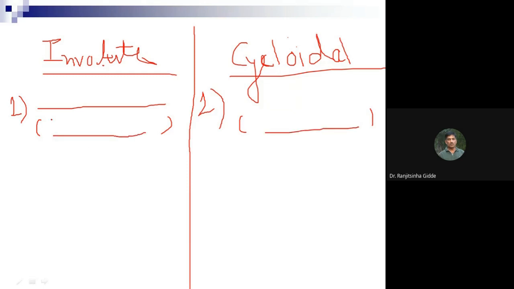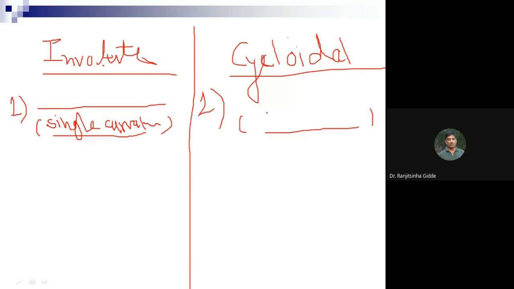Here, in short, you can write single curvature in brackets. Write down single curvature.